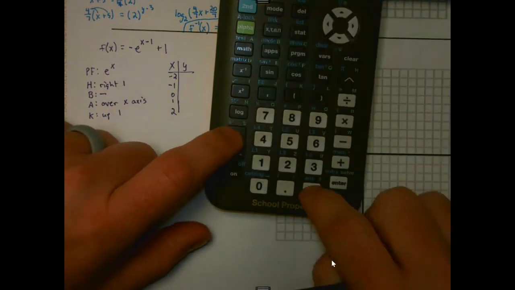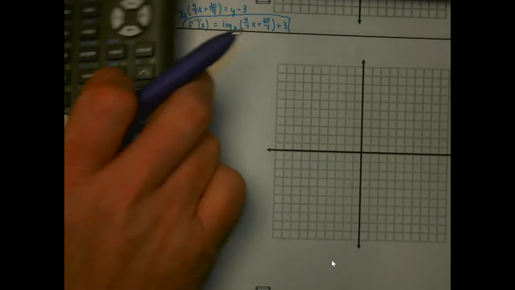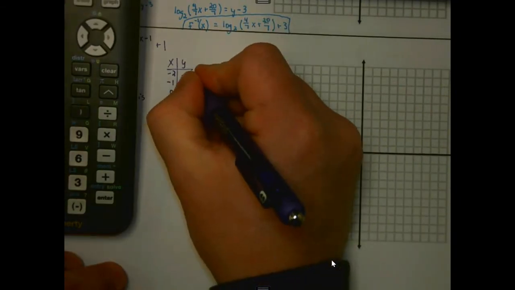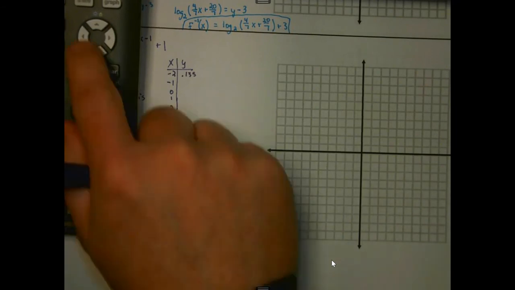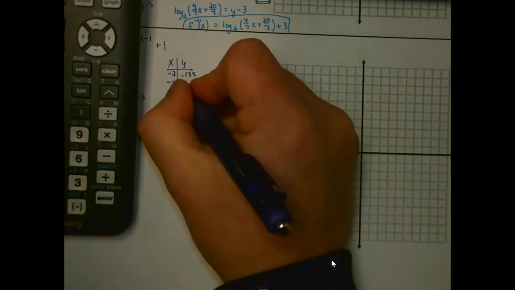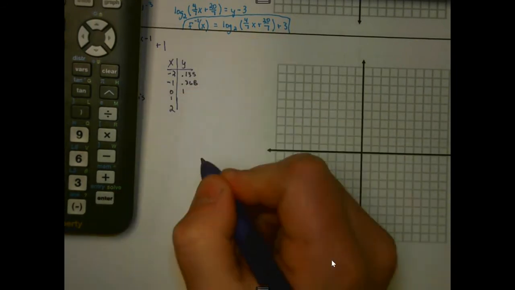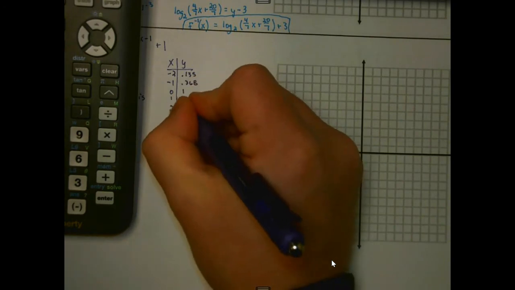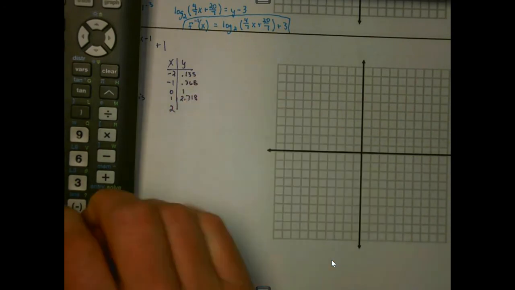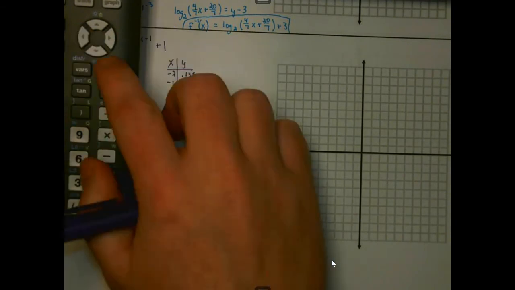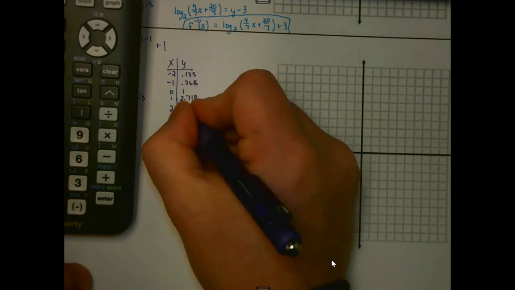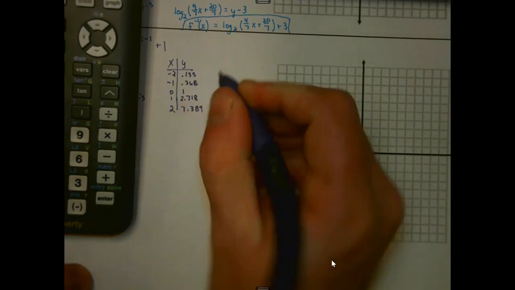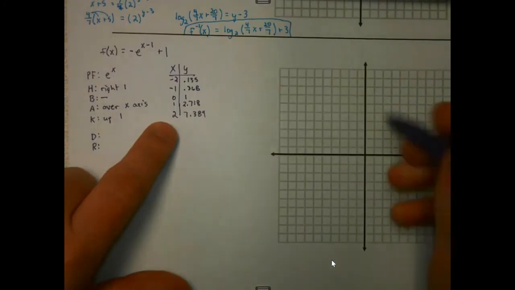So then we have e to the negative 2, which is 0.135, e to the negative 1, 0.368, e to the 0 is 1, e to the first is 2.718, and e squared is 7.389.